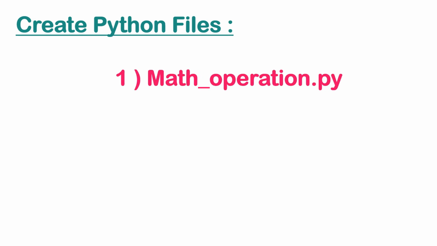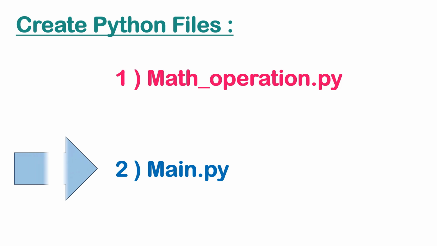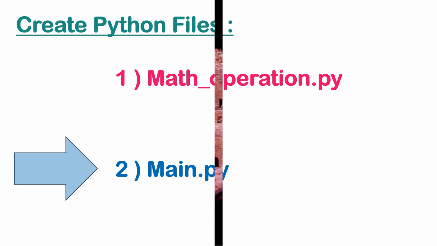Suppose you have two Python files. The first is the math_operations.py file. This file contains functions for performing basic math operations. If you see, this .py is the syntax of a Python file. The next one is the main.py file. This file imports functions from math_operations.py and uses them.